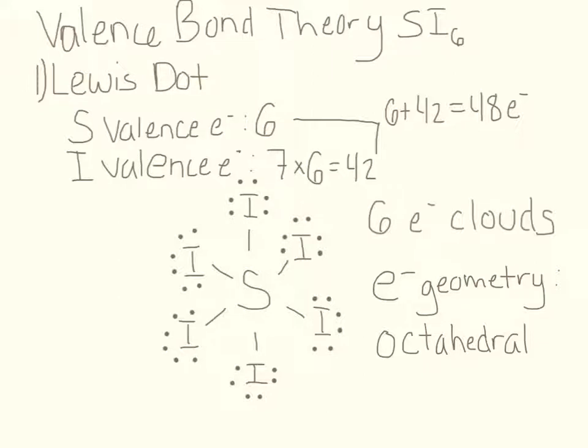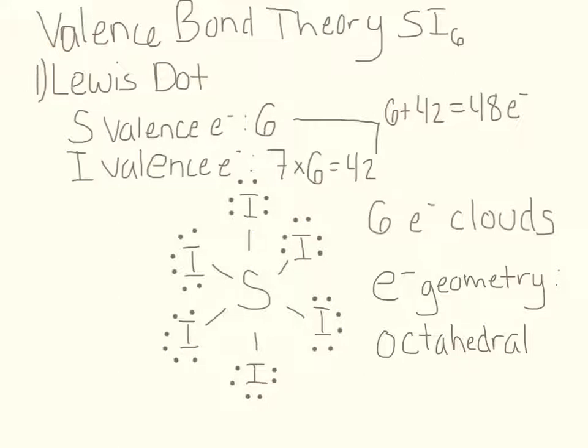this molecule. So with the Lewis dot structure, we're going to first determine the amount of valence electrons that are within the molecule to help us draw the structure. Now, sulfur has 6 valence electrons, and iodide has 7 valence electrons.